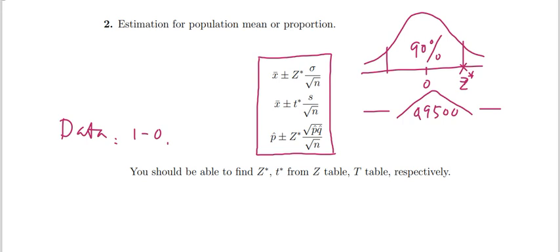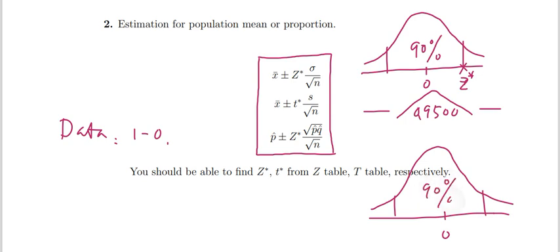Okay, so T star story is quite the same. Suppose there's a T table, there's 0, and we want to find a 90% confidence interval. So this is T star. For T star, we find this cutoff point.